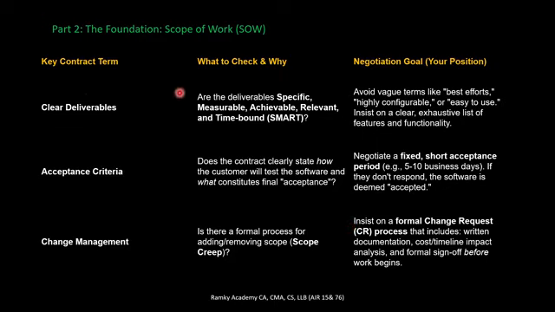Scope of work, as we discussed, should be very specific, clearly defined, achievable, relevant, and time-bound. So we can negotiate terms like highly configurable, best efforts, and easy to use. We need to avoid these kinds of vague terms, and the scope should be clearly defined in the table and delivered to the customer.